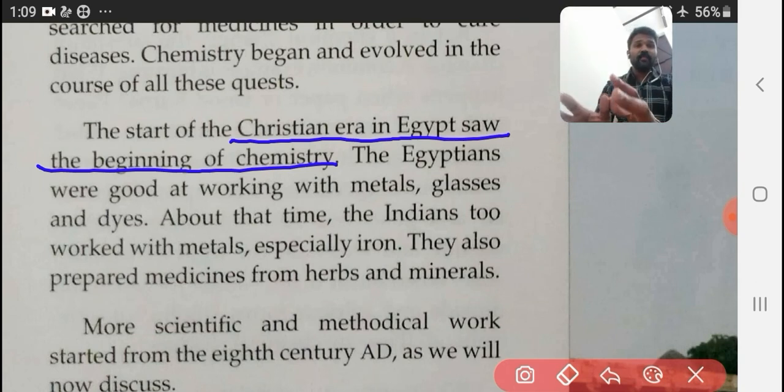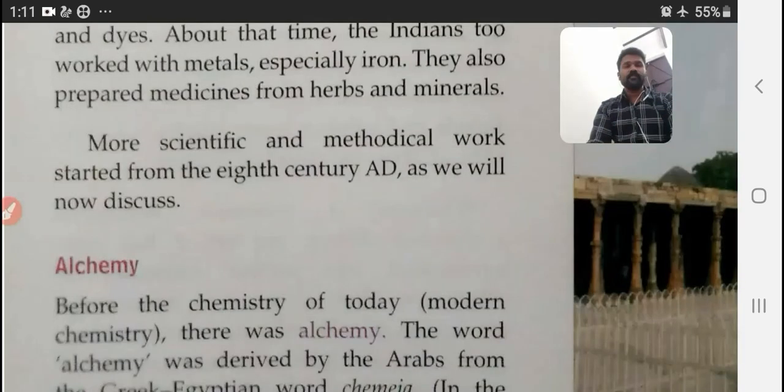About that time, the Indians too worked with metals, especially iron. From the Indian side, some inventions came, especially iron. They also prepared medicines from herbs and minerals. More scientific and methodical work started from the 8th century.